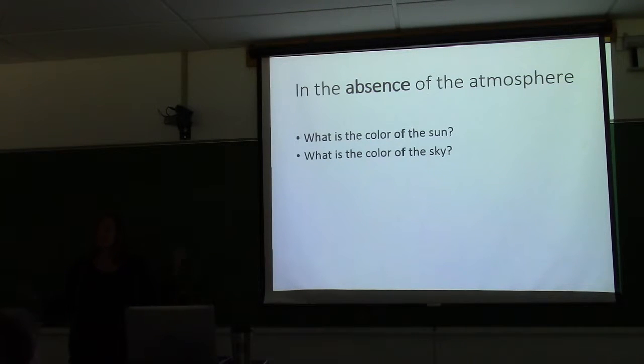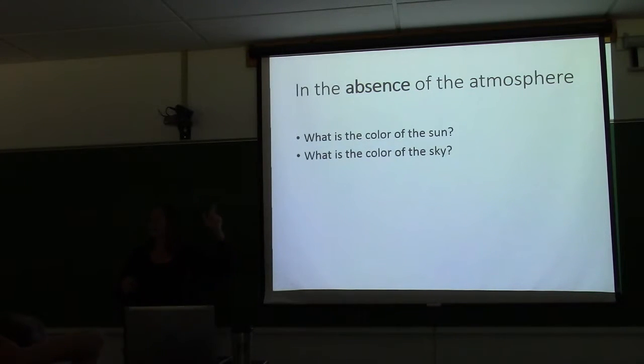Well, let's think about it. If there's no atmosphere, there's no gases absorbing, there's no particle scattering. And so if we look at the sun, we see white. If we look away from the sun, we see black. We see space.